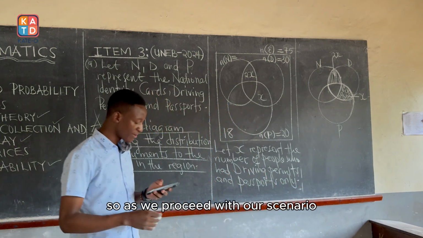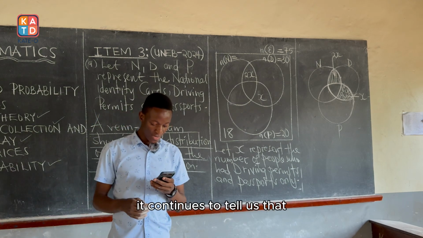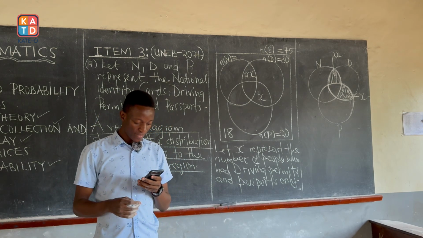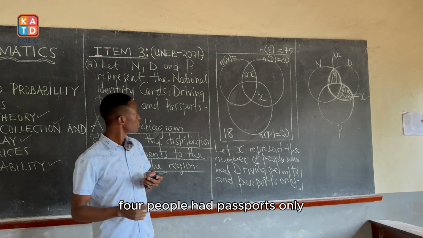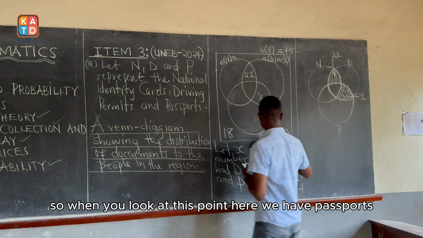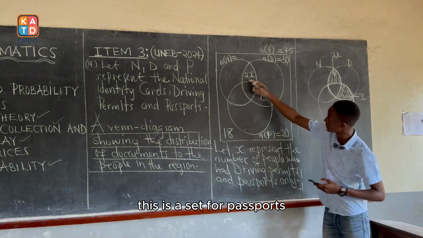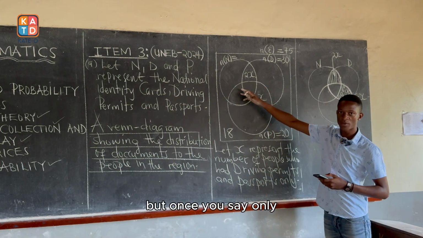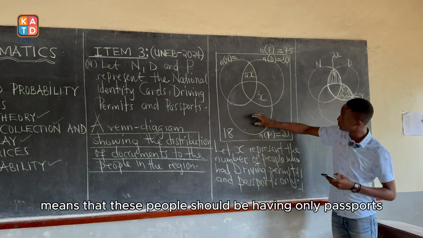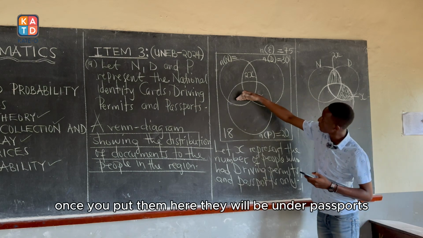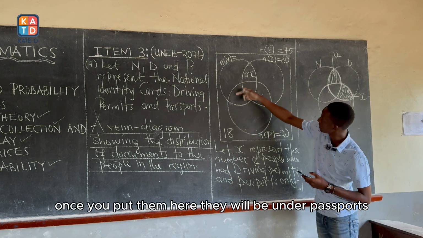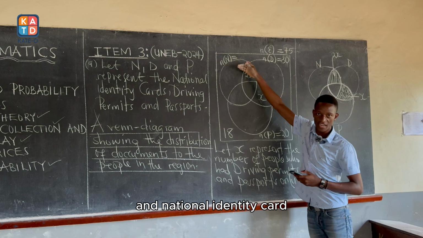So as we proceed, the scenario continues to tell us that 4 people had passports only. So when you look at this point here, we have passports. This is the set for passports. But once we say only, it means that these people should have only passports without anything else. Once you put them here, they will be under passports, but they will have passports and national identity cards.